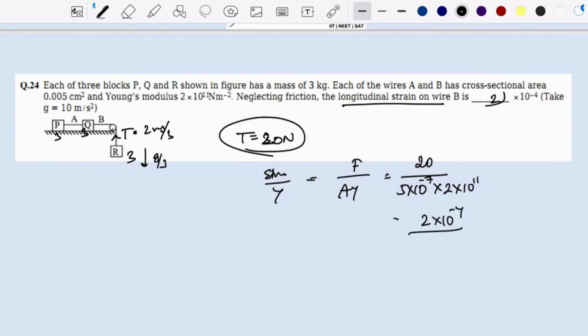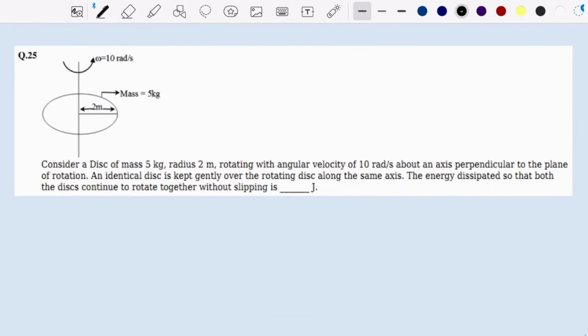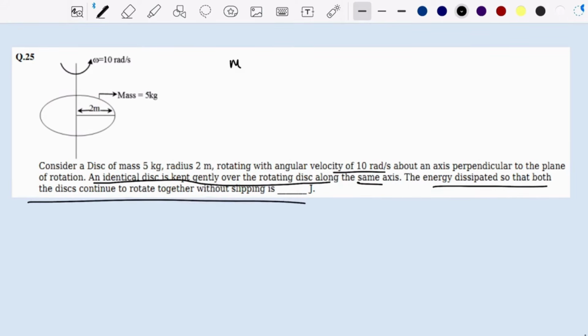The final answer, disk of mass this and radius is rotating with angular velocity omega. Its axis perpendicular plane. An identical disk is kept gently on it. The same axis, the energy dissipated so that both disks continue to rotate together. So initially it has I and omega. Finally it is going to double moment of inertia. So omega will become omega naught by 2. And kinetic energy will also become half of initial.